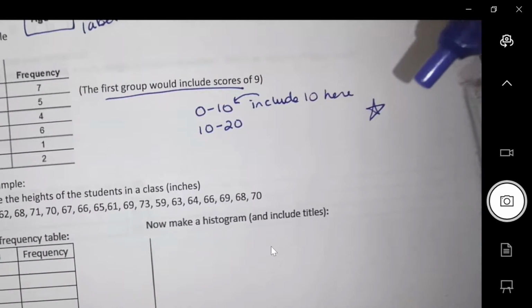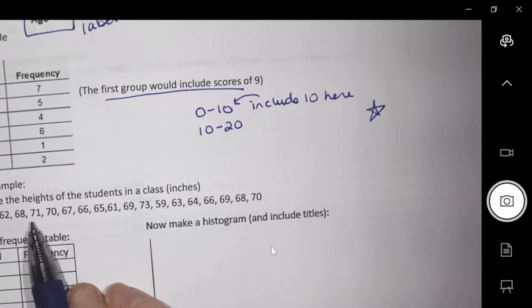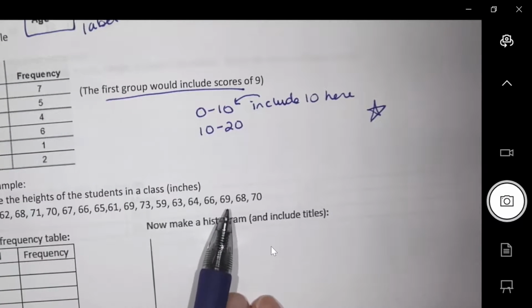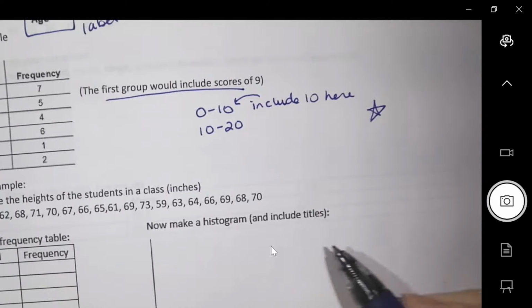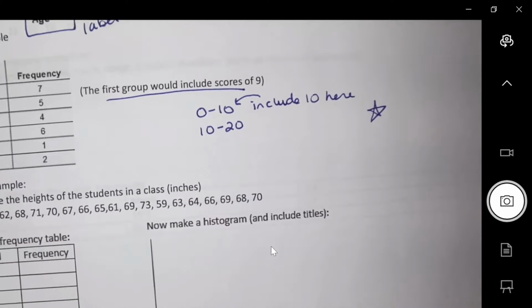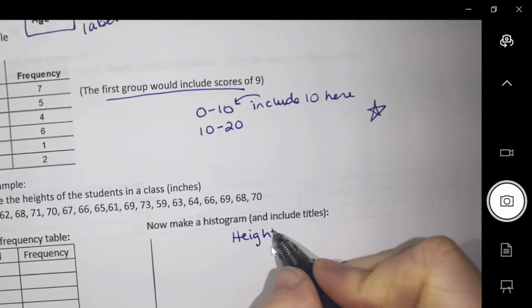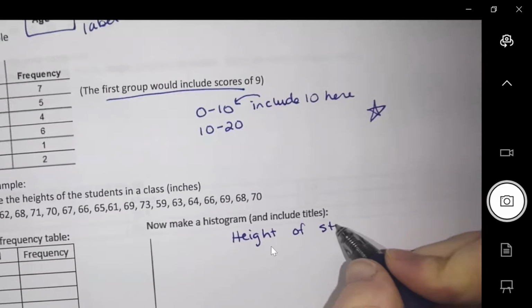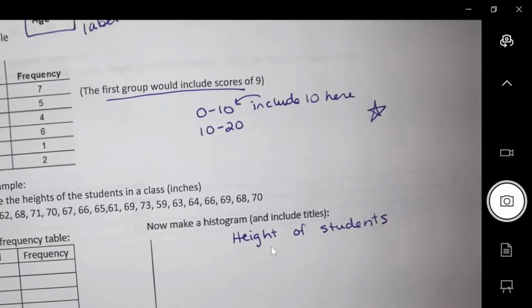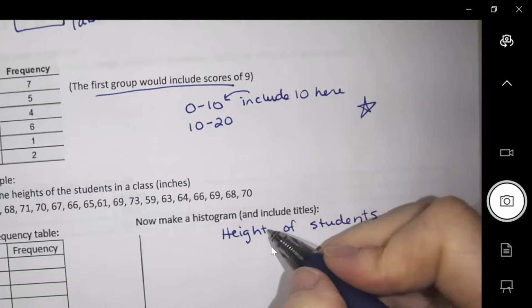Okay. Here's what we're going to do. We're going to make one. You ready? Here are the heights of the students in the class in inches. Give me a title of our graph. So we'll go heights of students as a title. Heights of students.